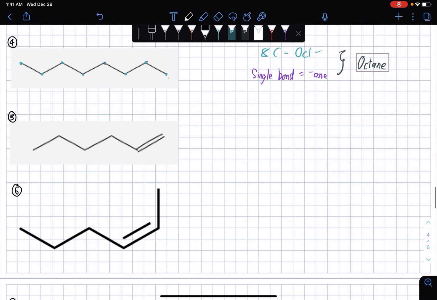Now, let's move to number 5. Let's count the number of carbons. 1, 2, 3, 4, 5, 6. Actually, it's better to count from here. 1, 2, 3, 4, 5, 6. Why is it better to count here? Well, it is always better to start counting where the double bond or a triple bond may take place.